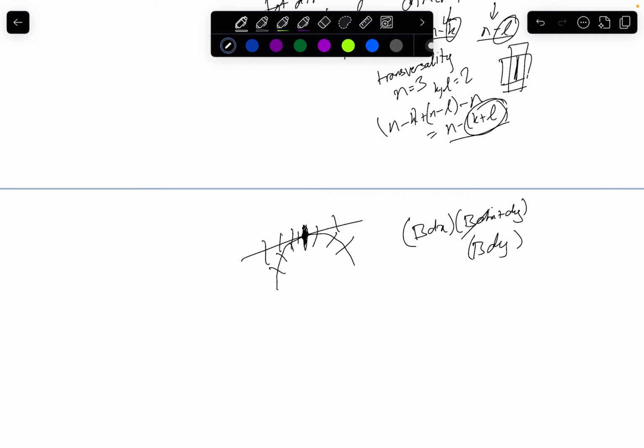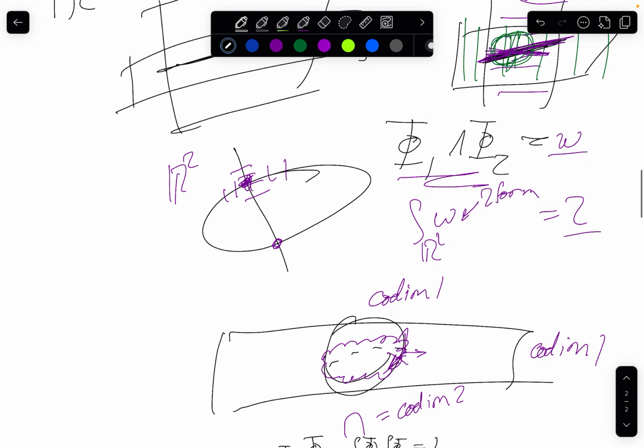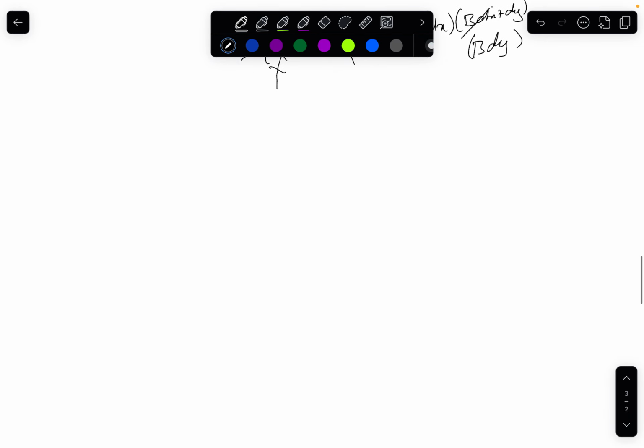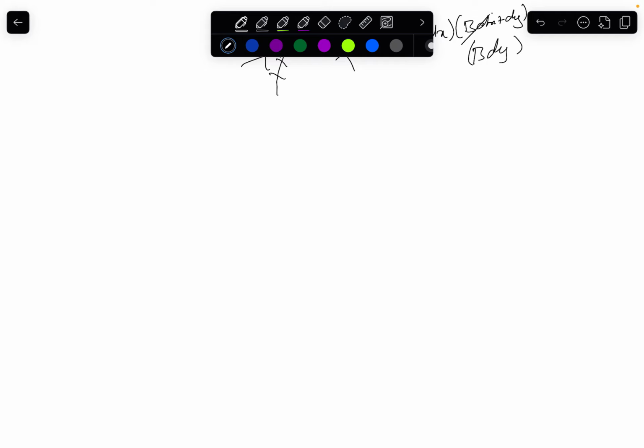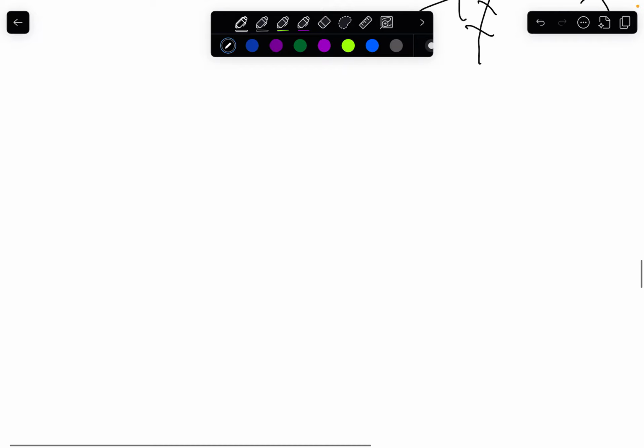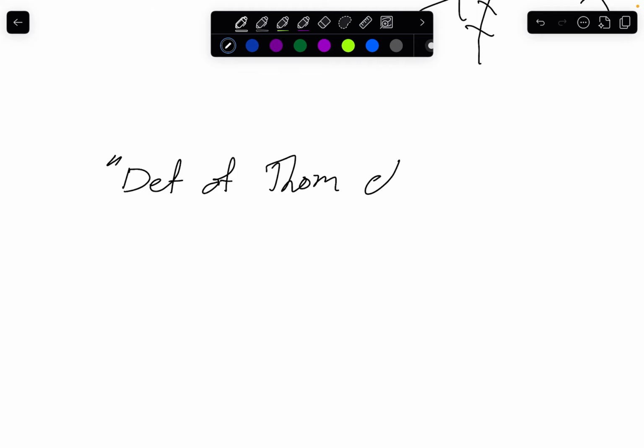Yeah. So our goal is to construct these Thom classes. How do we go about doing that, and what is the actual goal? Okay. So I'll give a definition of a Thom class, quote unquote. Definition of Thom class.